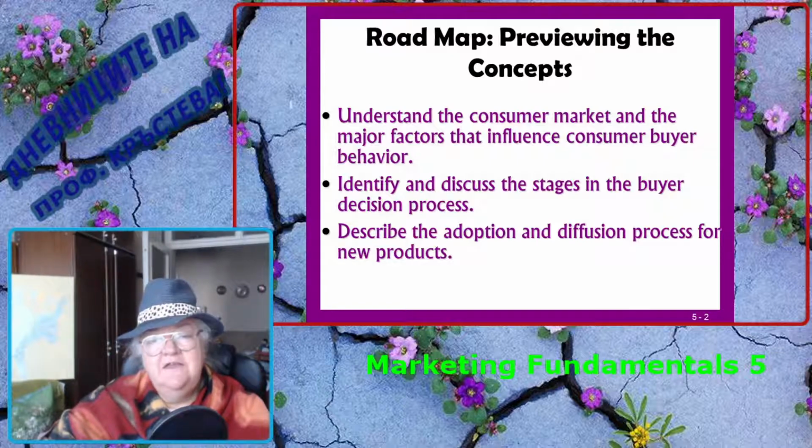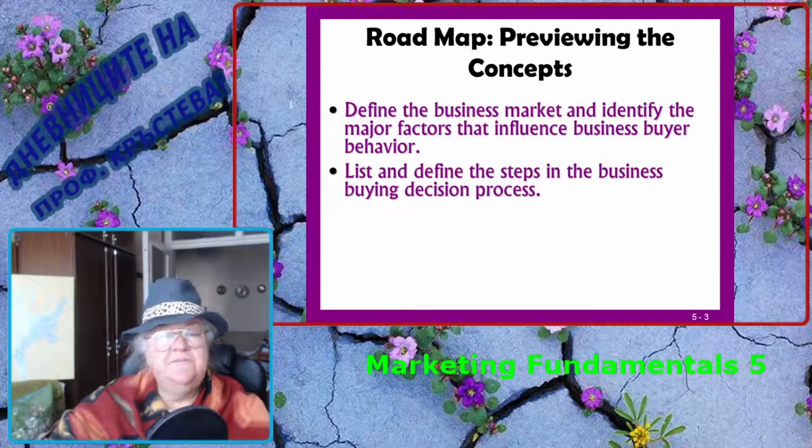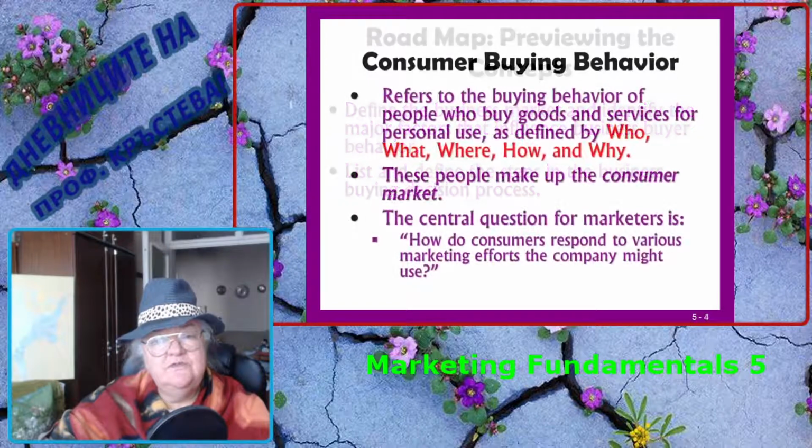Next, we shall identify and discuss the stages in the buyer decision process, and after that we shall describe the adoption and the diffusion process for new products. We shall define the business market and identify the major factors that influence business buyer behavior, and list and define the steps in the business buying decision process.